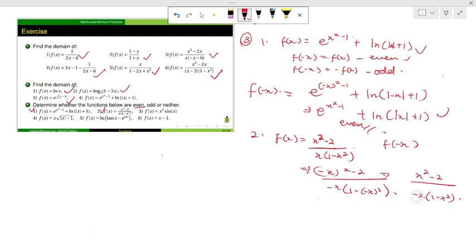But now we can see something here. You realize that initially I had this to be positive, but now it's negative. Once you have a negative expression here, it's affecting the whole thing.